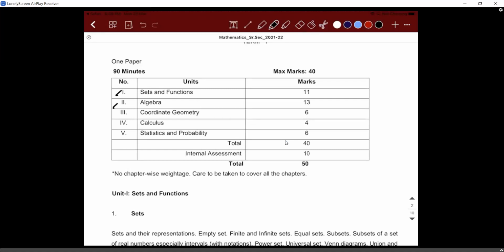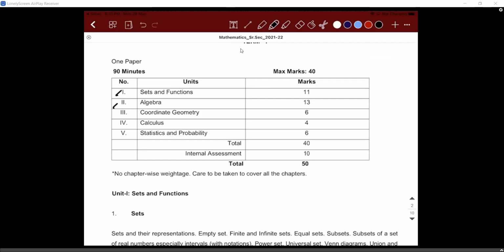So what did you learn in your sets? You learned how to organize things, how to collect data.